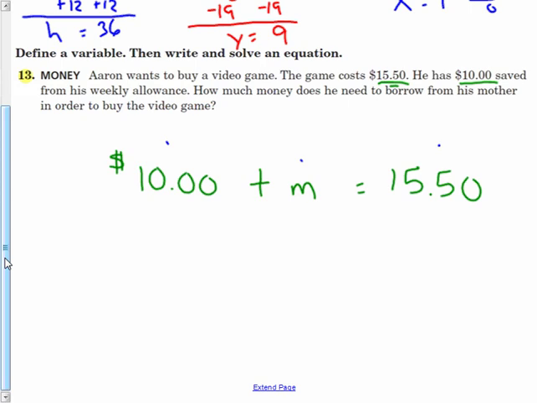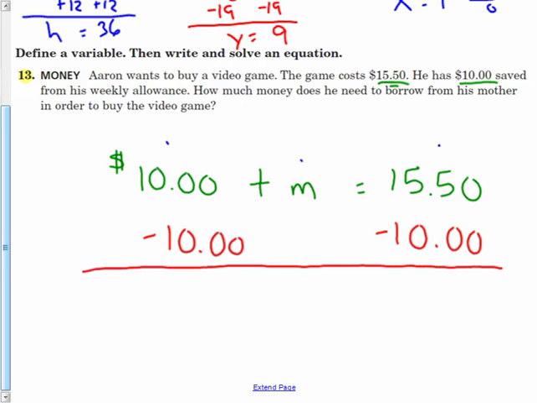Now I'm ready to solve this equation. As I look at it, what's the opposite of plus? The opposite of plus is minus, so I'm going to subtract $10. And anything I do to the left side, I have to do to the right side. So I'm ready to balance this equation out and say M equals $5.50.